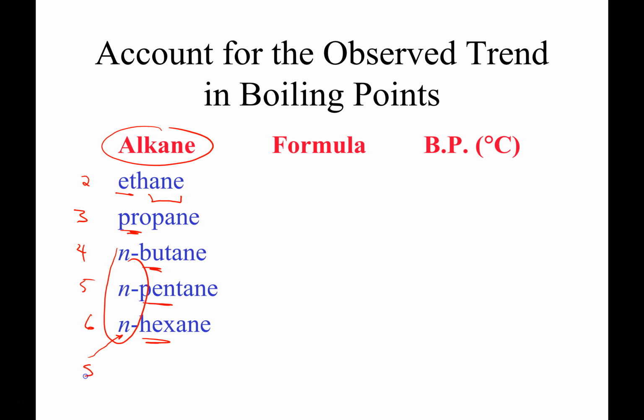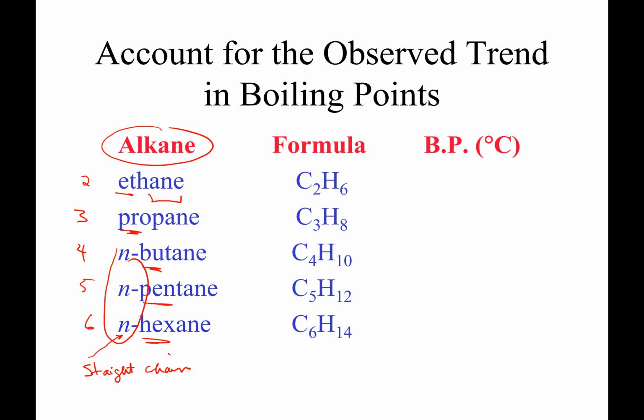That just means a straight line, straight chain, I guess is what would be better to say. So there you have a little bit of naming things. The formulas for these go like this. So we have 2 carbons, 3, 4, 5, 6 carbons. We have enough hydrogens to saturate it, make all single bonds.